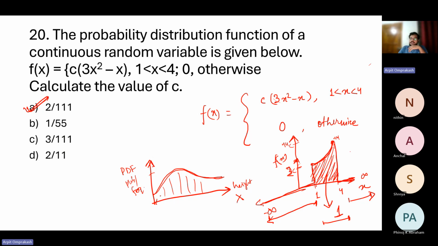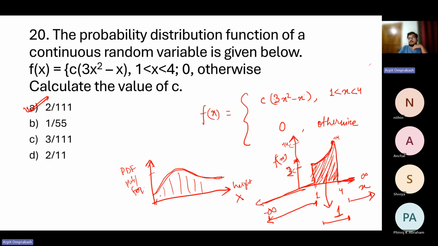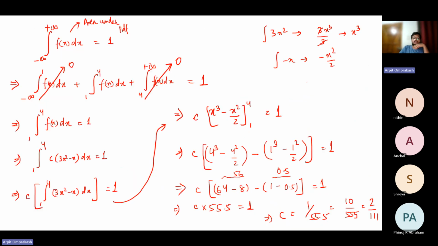So we are just taking this integral. So we have integration, limit 1 to 4, f of x dx is equal to 1. Now this f of x, we have substituted the form of the function between 1 and 4. So we have c into 3x square minus x dx, right? Then this constant we can take out, and then we basically do the integration.